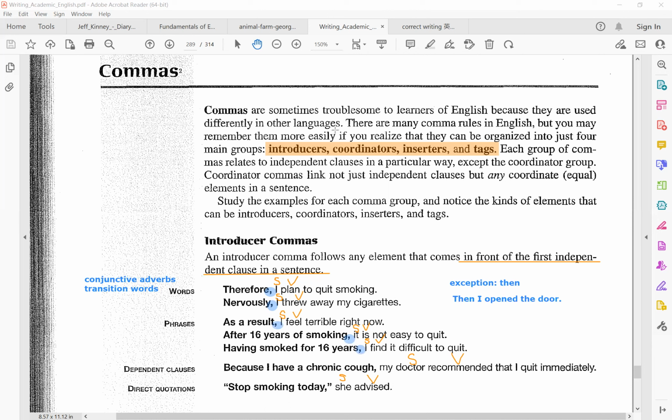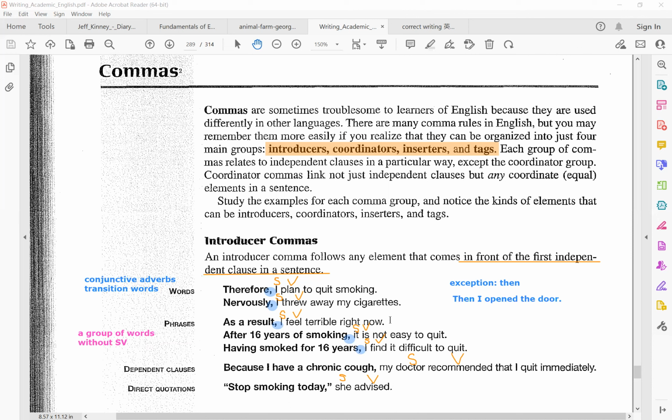If you remember, we've established that a phrase is a group of words without subject and verb, so it's not a complete sentence. So whenever you have a phrase at the beginning, you want to make sure that you'll also have an introducer comma.